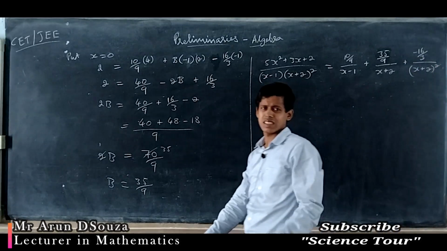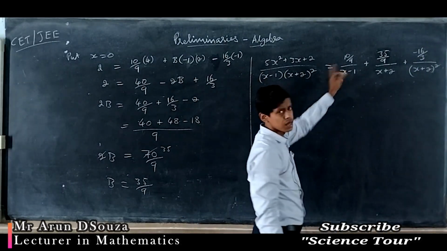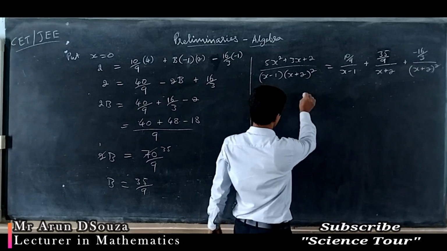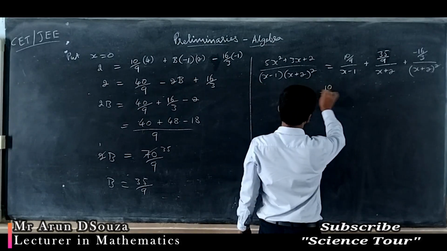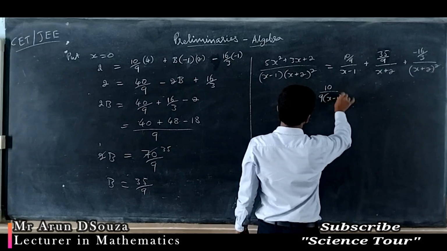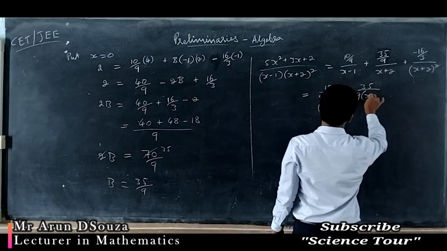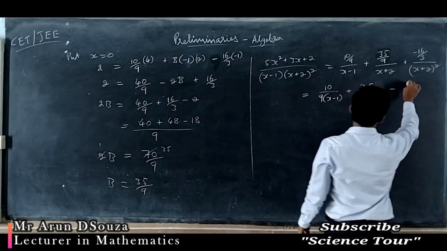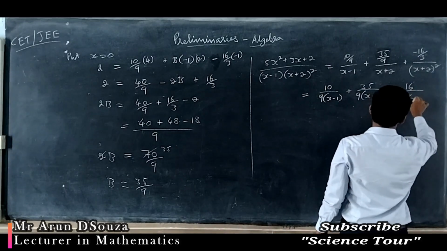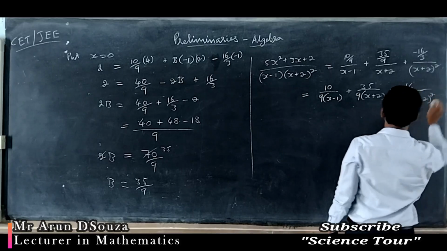Well, so just let us write one more step, write it in proper order. So when you write it in proper order, this is 10 by 9 into x minus 1 plus 35 by 9 into x plus 2 minus 16 by 3 into x plus 2 whole square.